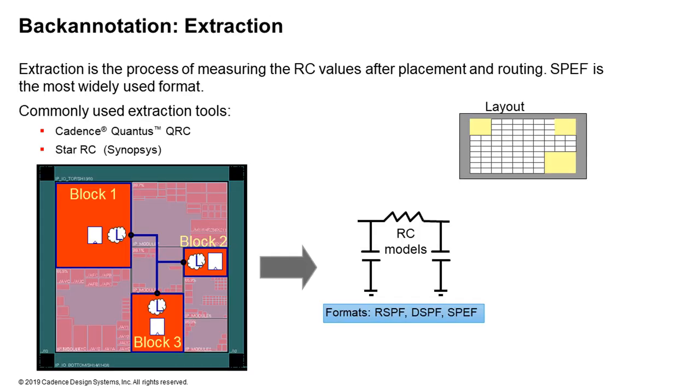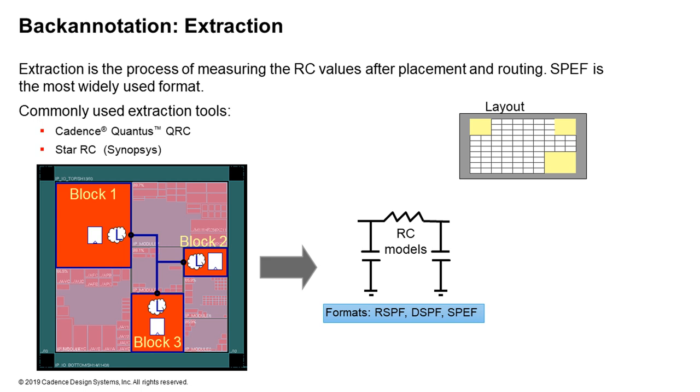Extraction tools can create models for your RC network, and then use that RC network to come up with some sort of compression, or reduction, mechanism, and generate models, either 2D, 3D, or 2.5D models of your layout.